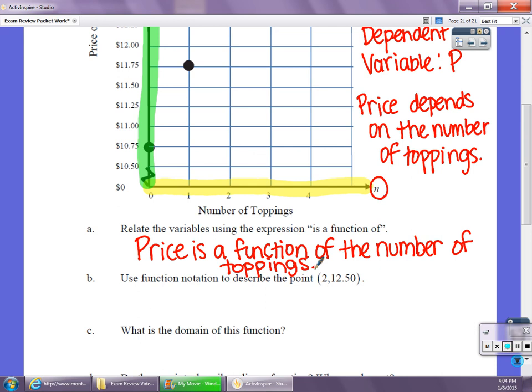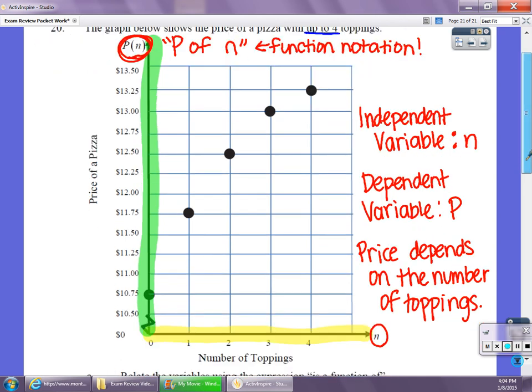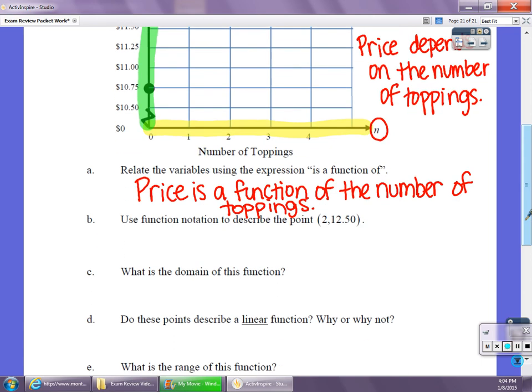Okay, use function notation to describe the point. Remember our function notation, when we go back up here, was p of n. So we know we have this function p of n, and we're going to use that function notation to describe the point (2, 12.50).